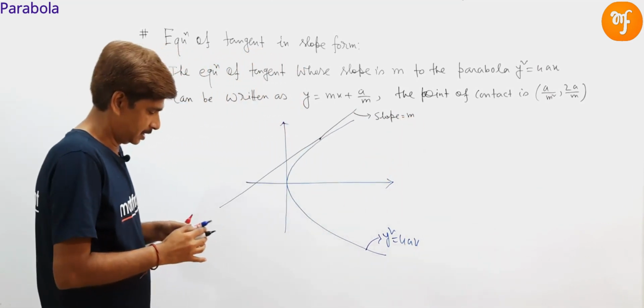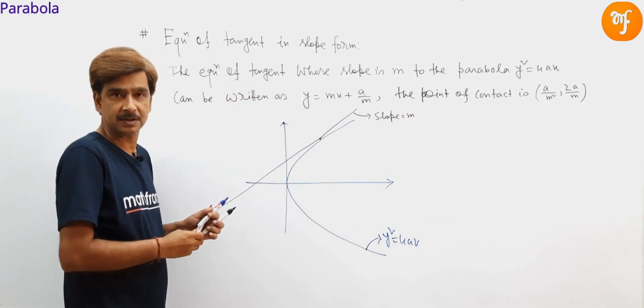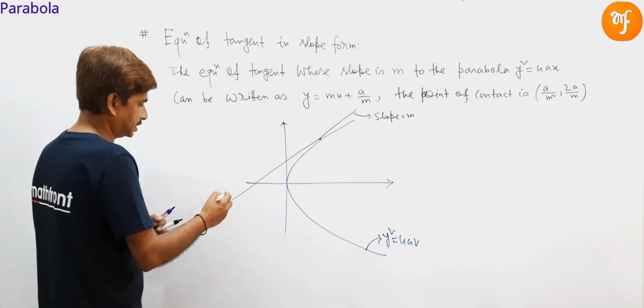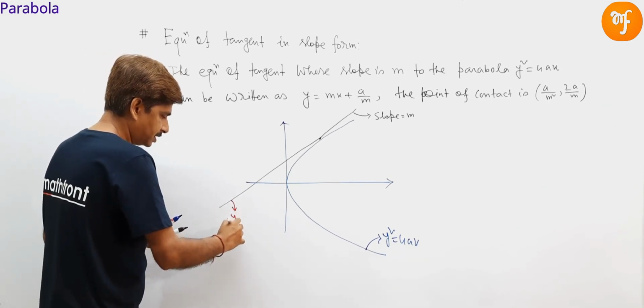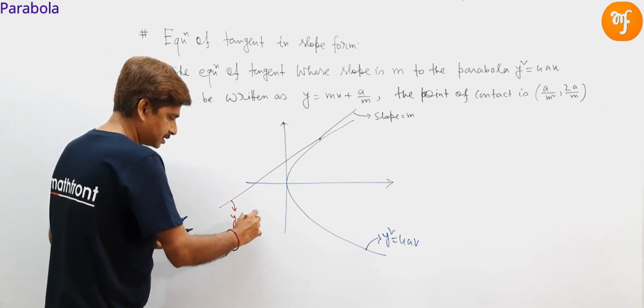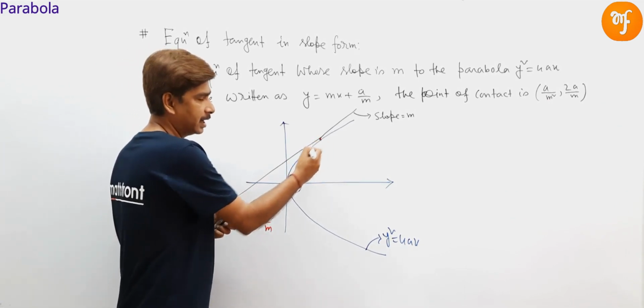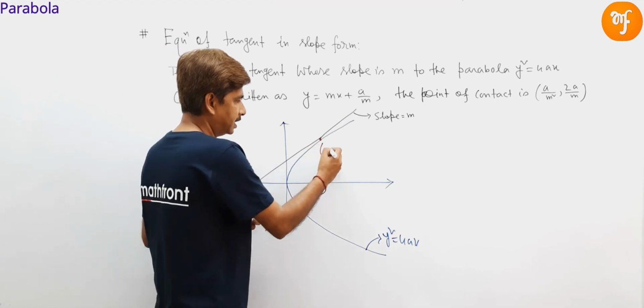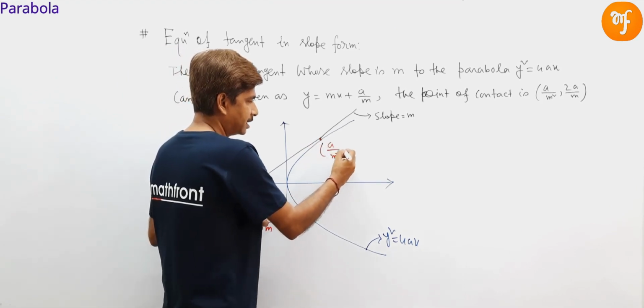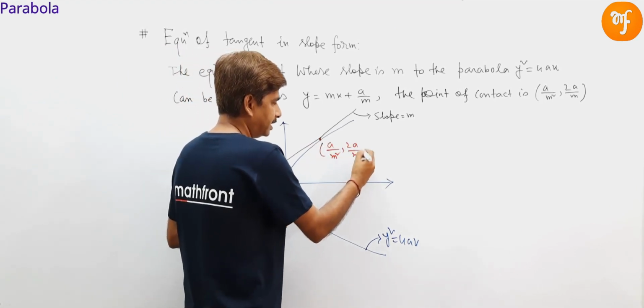So what will be the equation of this tangent? The equation of the tangent will be y is equal to mx plus a by m, and this point of contact has coordinate a by m square comma 2a by m.